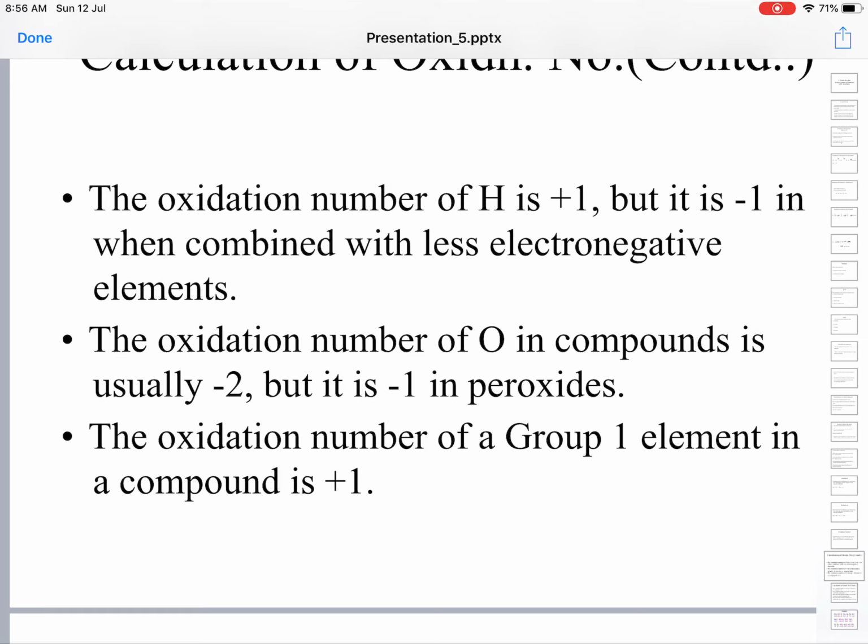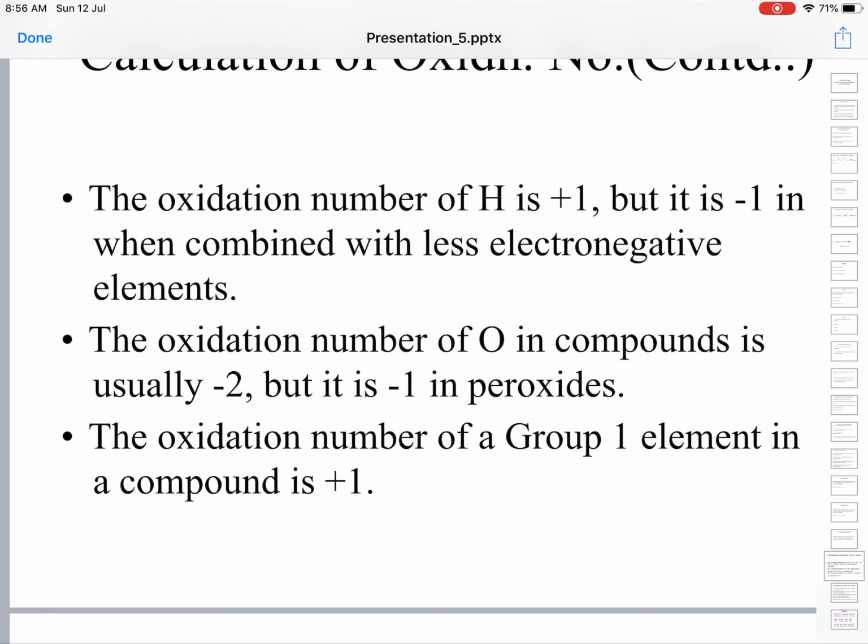The oxidation number of hydrogen is +1, but in metal hydrides it is -1. For practical purposes, metal hydrides are very rare to come across, so we will take hydrogen's oxidation number as +1.